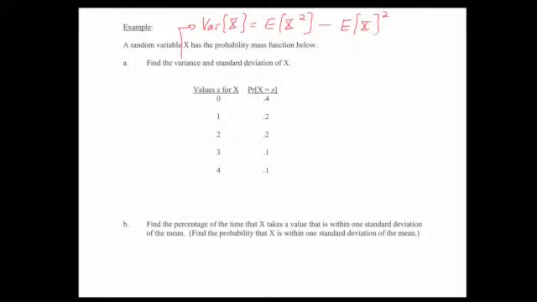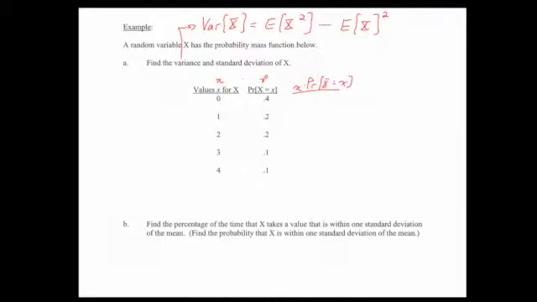I like to find the mean itself first. We're going to need to find E of x as well as E of x squared. To find the expected value of x, we're going to need to take the values for x. I'm calling the values themselves lowercase x's. And we have to multiply those by the probabilities: x times the probability that x lands on that line in the table.